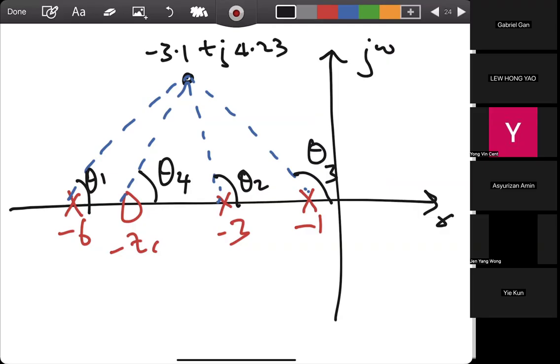So what is the formula to calculate theta 4?